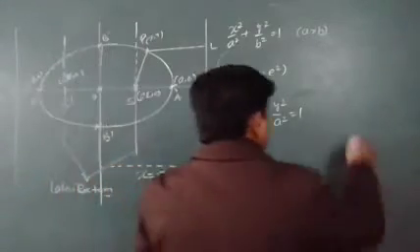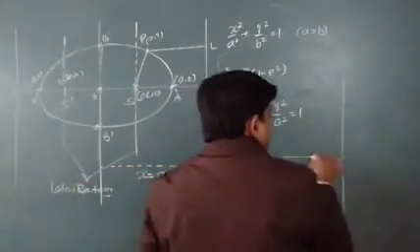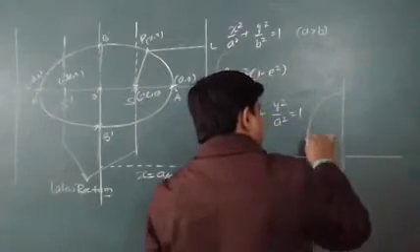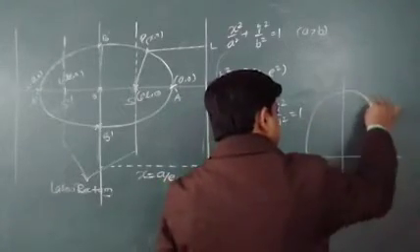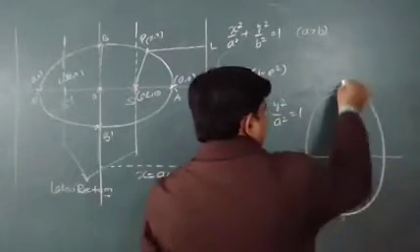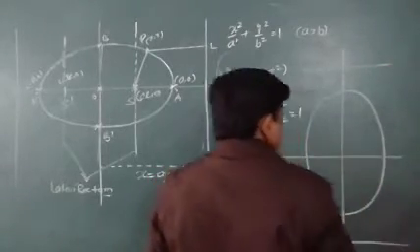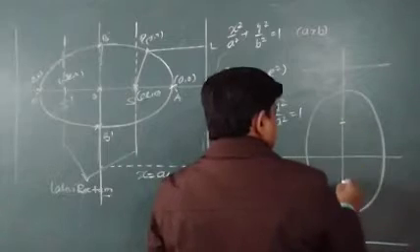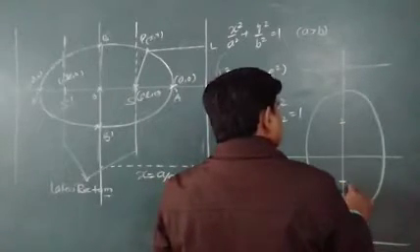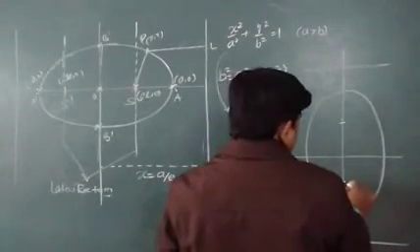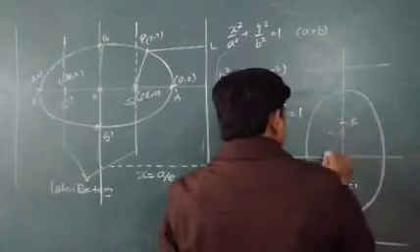After changing the equation of the ellipse, what will happen? Listen to me carefully. Now if I am having a vertical ellipse like that, this was the ellipse, and here I am having the directrix. Focus, I can say S, F, whatever you can take.